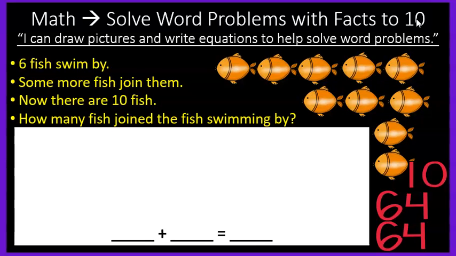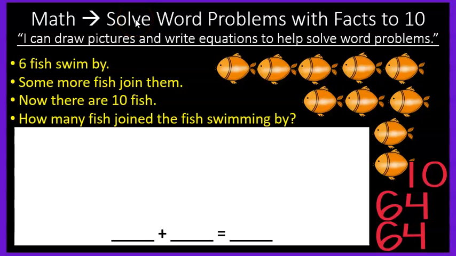What this means, boys and girls, is a word problem is like this. You have to read it and it's going to tell you what's in the problem. And it's going to ask you a question here. They want you to give an answer, okay? That's what they mean when they say word problems.